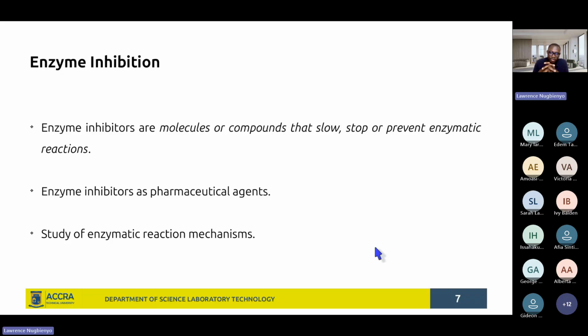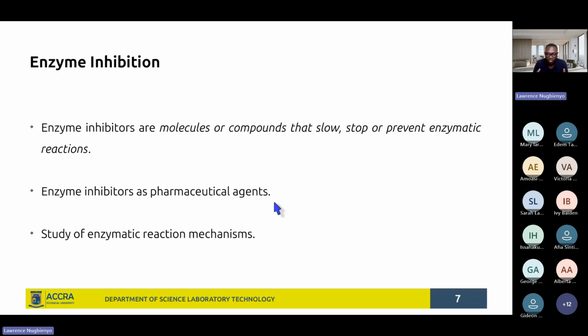Now, these inhibitors can serve as pharmaceutical agents, as I was saying, that a lot of times drug discovery is based on enzyme inhibition. And you also will find the use of inhibitors just in research, in the study of enzymatic reaction mechanisms.